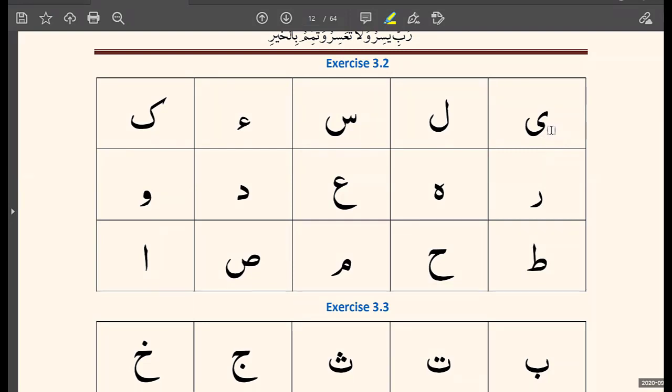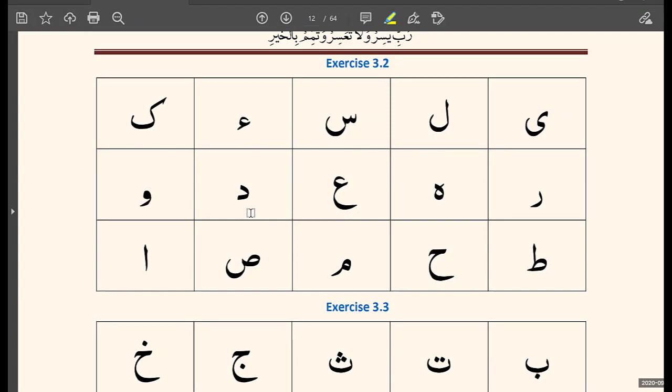So right to left. Ya. Lam. Seen. Well done. Hamza. Good. Kaf. Yes. Ra. Ha. Ain. Good.